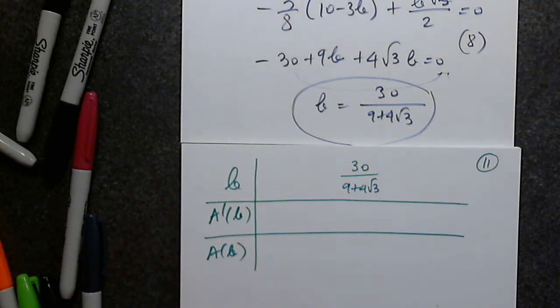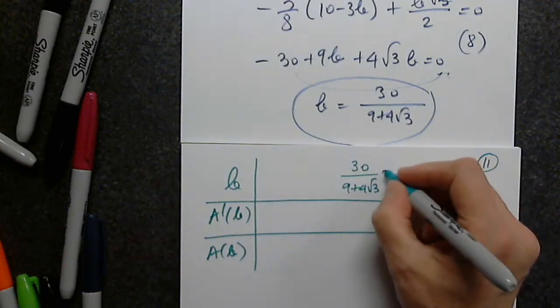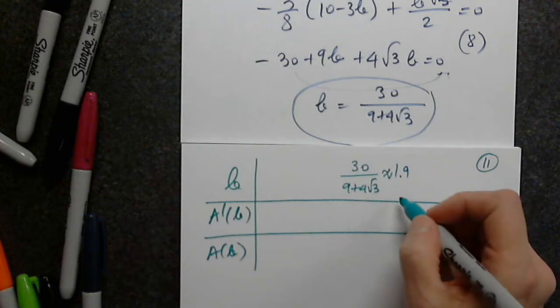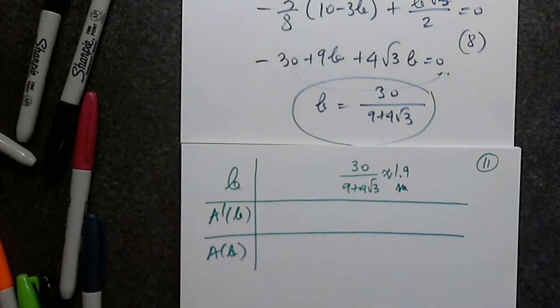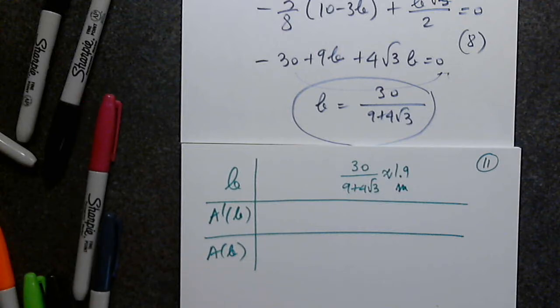So 30 divided by, don't forget parentheses around the denominator, 30 divided by 9 plus 4 the square root of 3. I got approximately 1.9 meters. Now I can continue before I find the domain for b.